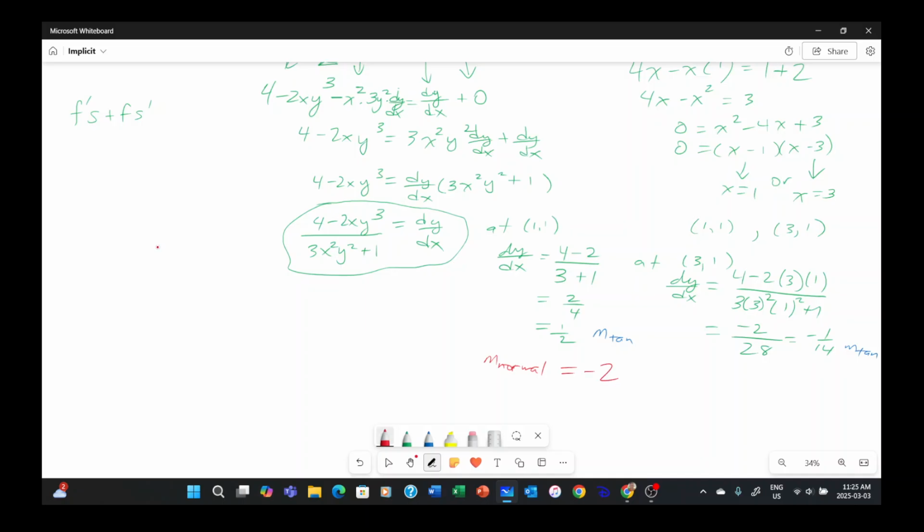So for this one, the slope of the normal would be -2, because of course it's the negative reciprocal. And for this one, the slope will be +14. And you can write +14/1 if you want, and -2/1 if you want. Maybe I will, because that might remind you where this stuff came from. So it's the negative reciprocal. Negative recip. And those are the slopes of the two normals.